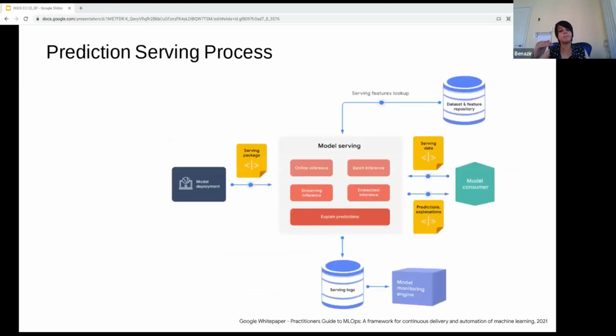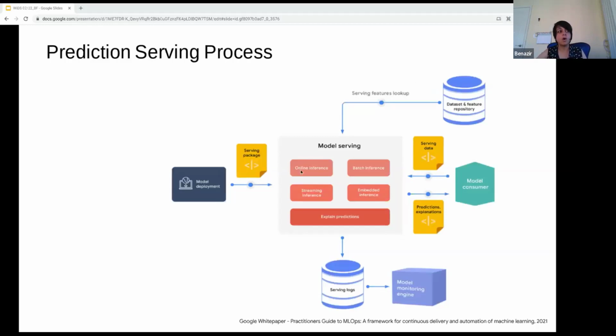The next step in this process is prediction serving. So at this point, you have tested and packaged your model, and now you're actually doing prediction with it. Prediction can happen in many formats.